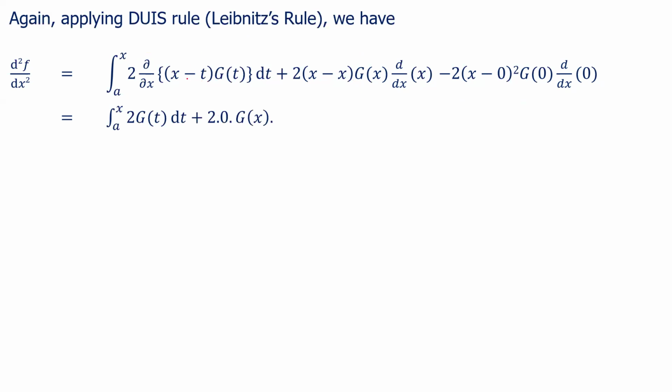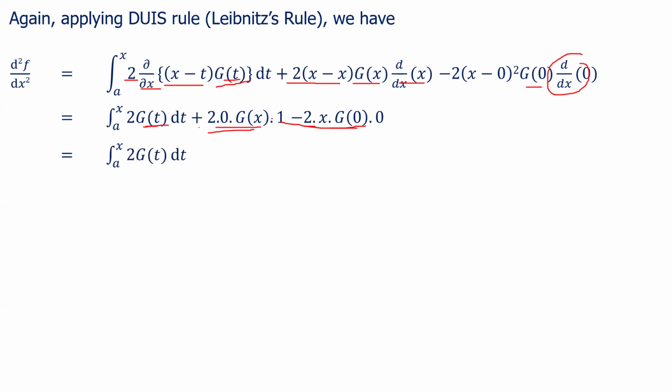Now g(t) we can take outside. The derivative of x minus t is 1. So we have 2 times g(t), plus 2 times 0 into g(x) into 1, minus 2x g(0), and the derivative of 0 with respect to x is 0. So this is 0 and this is also 0. So we have the integral under the limit 0 to x of 2 times g(t) dt.